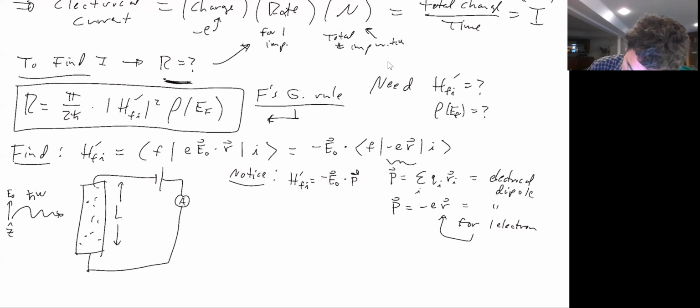So it's the matrix element of the electric dipole operator that's connecting initial and final states. You might never have thought of it like this, but this is a really important way to think about it. This is how people who do optics and lasers are always talking about dipole matrix elements. And so it is a big deal.